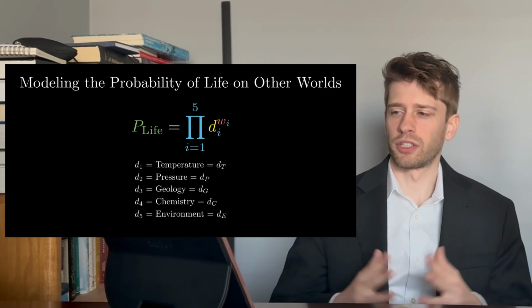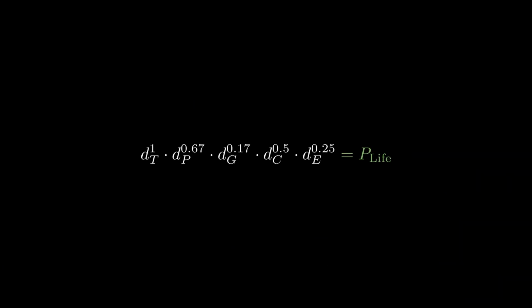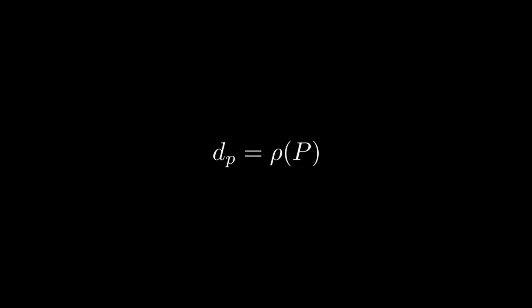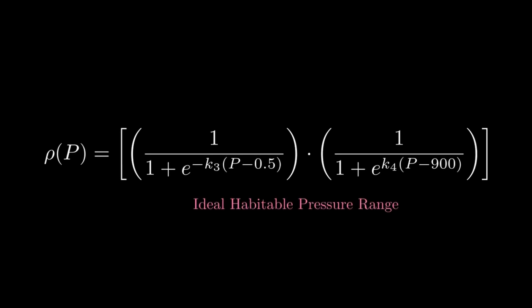Without further introduction, I want to jump into my pressure driver, which is very similar to my temperature driver in that it is utilizing a sigmoidal function once again. This time we are looking at a range between 0.5 atmospheres at the lower boundary and 900 atmospheres, and these are Earth atmospheres, at the upper boundary before it begins to descend in the driver.